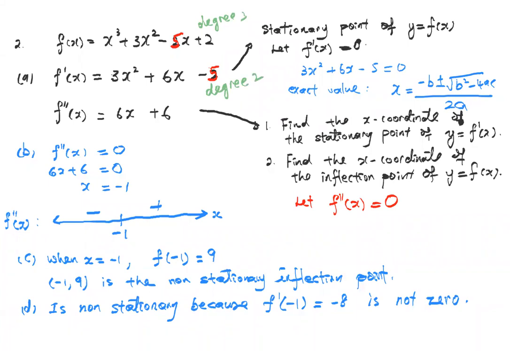So for a quadratic function, maximum 2 x-intercepts. That's why we say a cubic polynomial has maximum 2 turning points. You see or not? Then if you look at f double prime x, another degree lower, which is degree 1, linear. So if it's a cubic, then the derivative, the rate of change of f(x), will be quadratic.